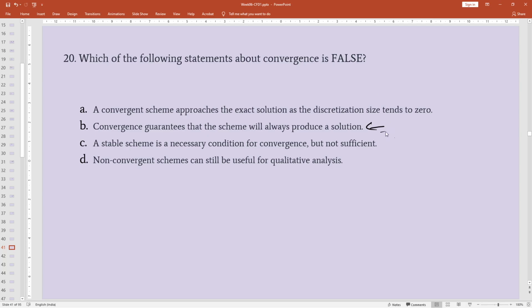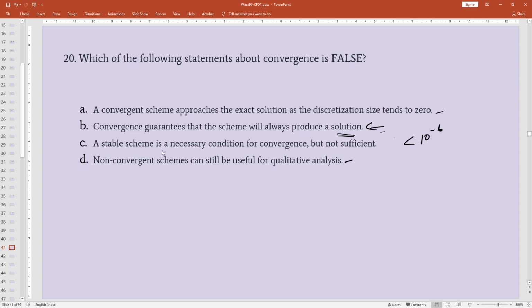There will be some limits where the convergence happens. Our criterion will be that it should go to something like 10 raised to minus 6 levels. Convergence doesn't guarantee that it will give a solution, and also non-convergent schemes are sometimes used.